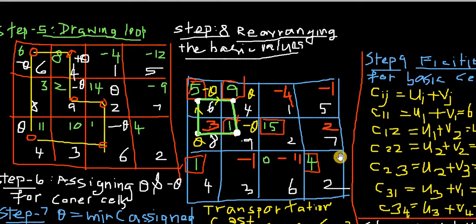And that's what we have done here. Look at that. Don't see these loops and other things. Only look at this particular box. Now here 6 minus theta, 5. 8 plus 1, 9 comes here, and here 0 plus 1, 1 comes here, 1 minus 1, 0 comes here, and 14 plus 1, 15 comes here, and 2 minus 1, 1 comes here.